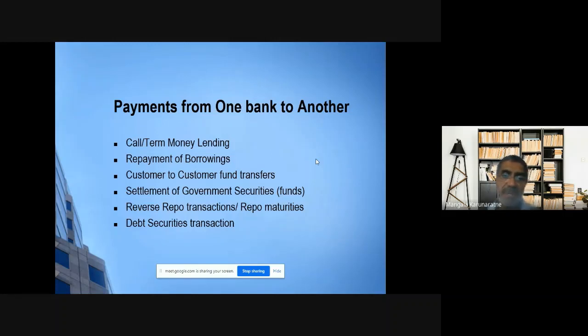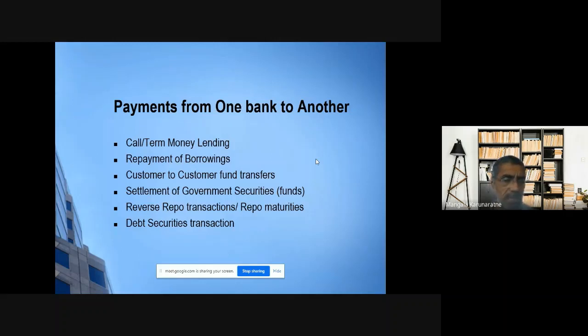Customer to customer fund transfers. These are actually customers instructing the bank to do a fund transfer to a customer in another bank, right? In fact, these type of transfers can be done through slips also. But at that time, if I can remember, the slips limit was around 2.5 million or below that.